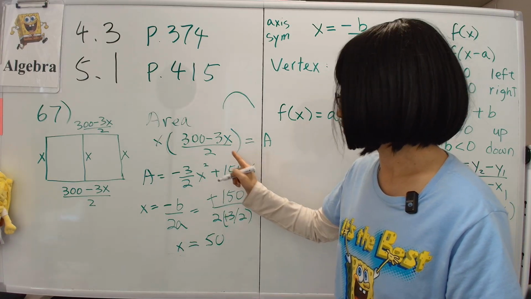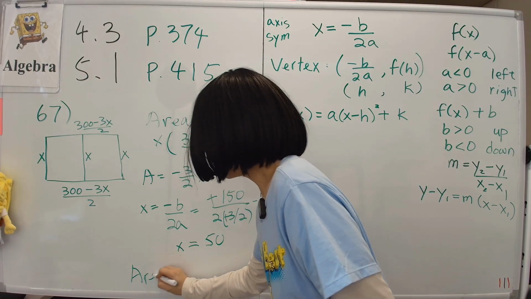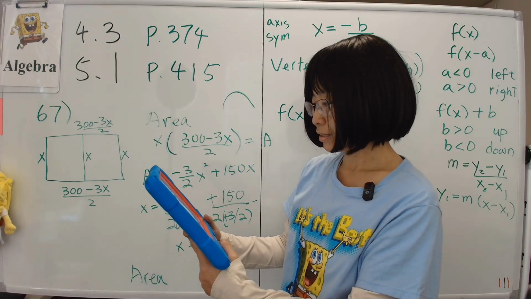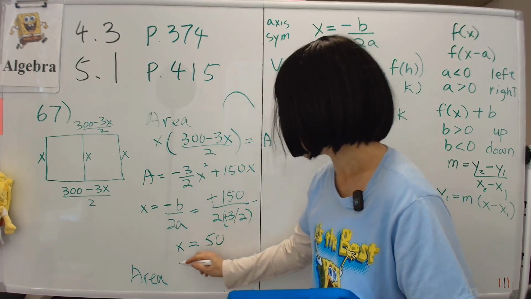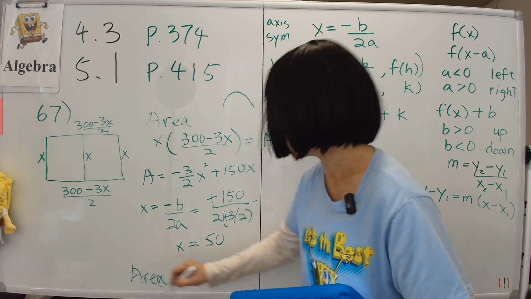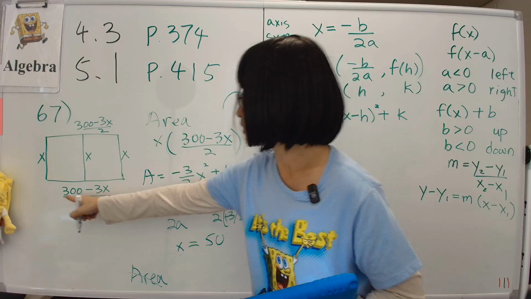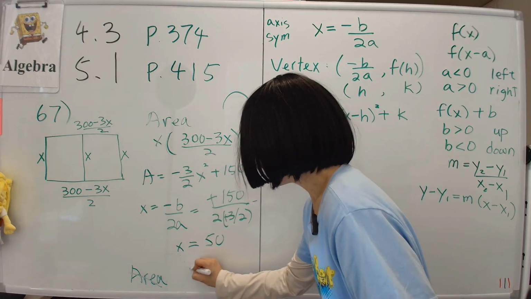Now, if x is 50, what is the area? What are we asking for? Let me see. Find the dimensions. We don't care what the area is. We just want the dimensions. Fine. So x equals 50. Forget the area. This is 50, and this thing is 300 minus 3 times 50.